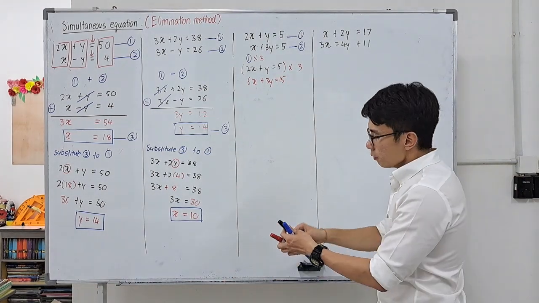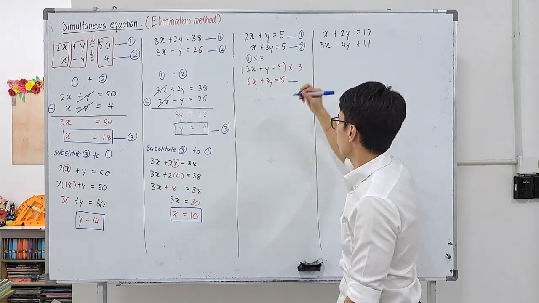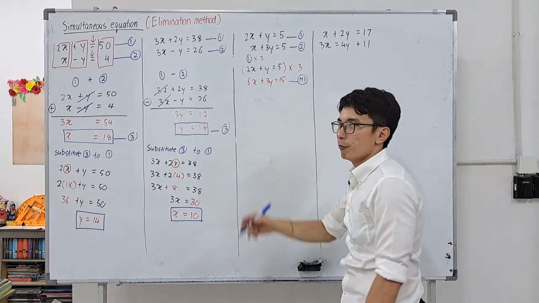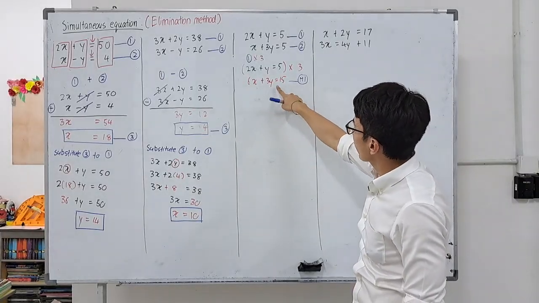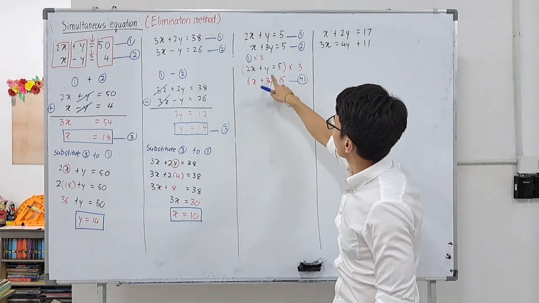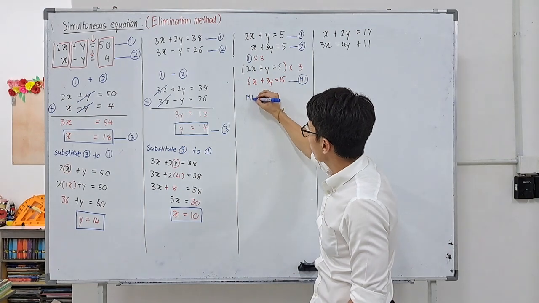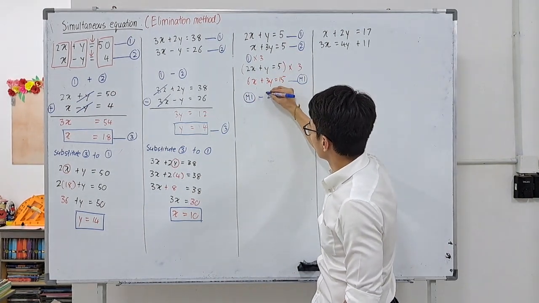Because I already modified it, I would like to call this M1 because I have modified equation 1. So right now I can cancel off this, right? So what do I have to do right now? I want to take equation M1, subtract with equation 2.